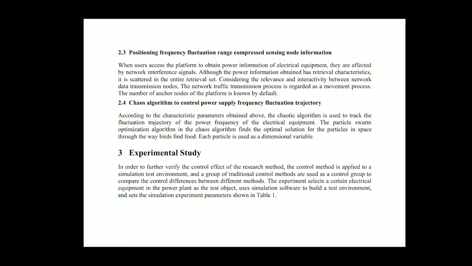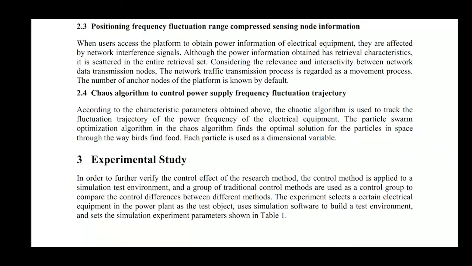So in the experimental study, in order to further verify the control effect of the research method, the control method is applied to a simulation test environment, and a group of traditional control methods are used as the control group to compare the control differences between different methods.